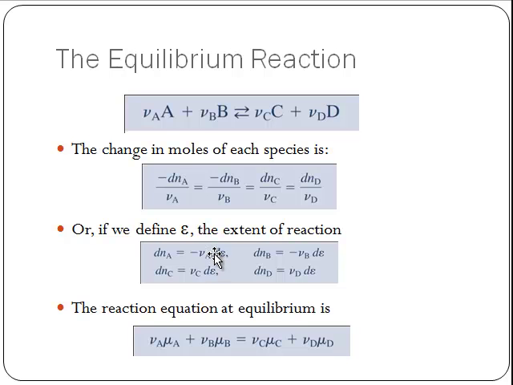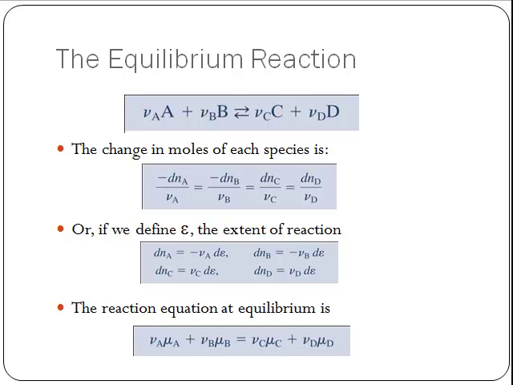And the stoichiometric coefficient is negative on this side, because as the reaction progresses it disappears, and it's positive on this side because as the reaction progresses it appears. And at equilibrium I would expect that the sum of all of these chemical potential terms would be 0.